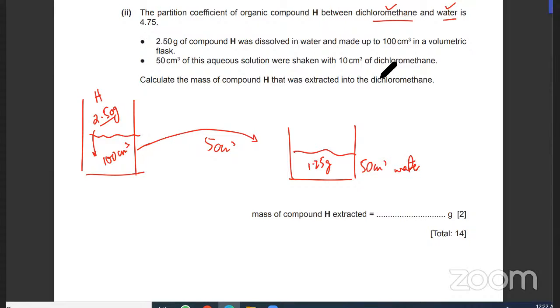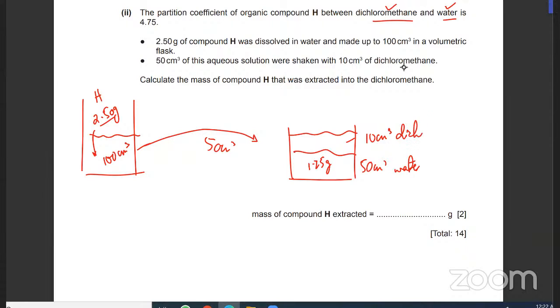That's a quicker way of doing this, because you added 2.5 grams in 100 cm cube. So if you take a 50 cm cube sample out, that will have 1.25 grams of it. That makes things easier, and you're shaking it with 10 cm cube of dichloromethane. Oh, sorry, now I get it. That was the only confusion.